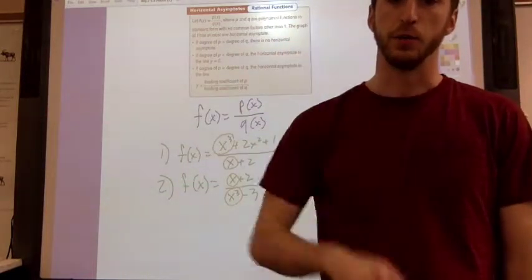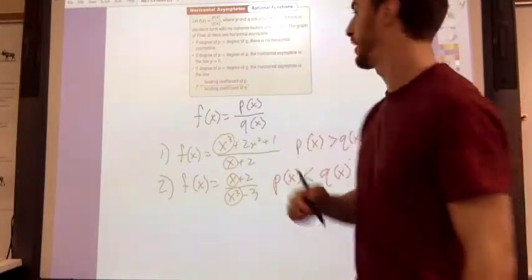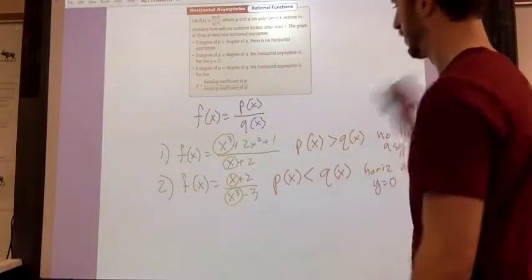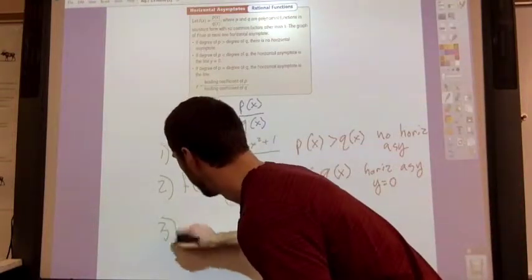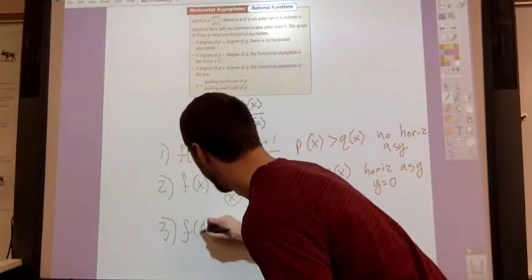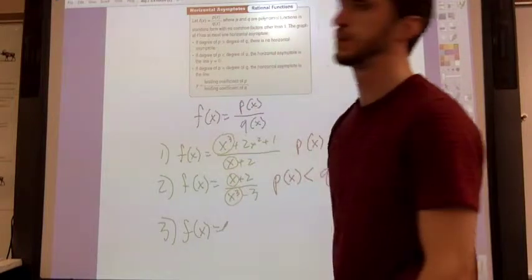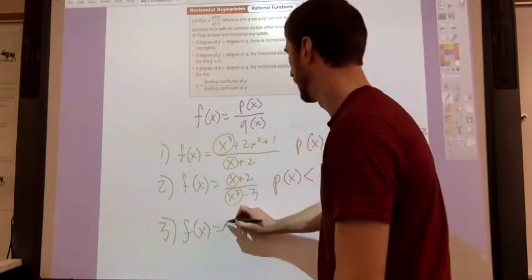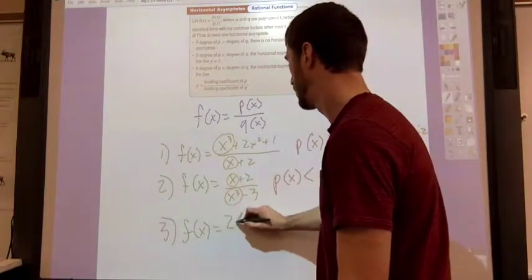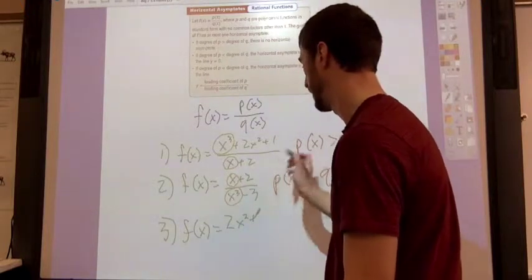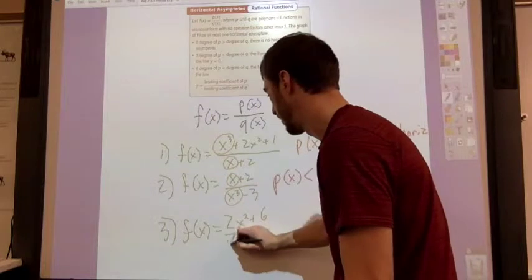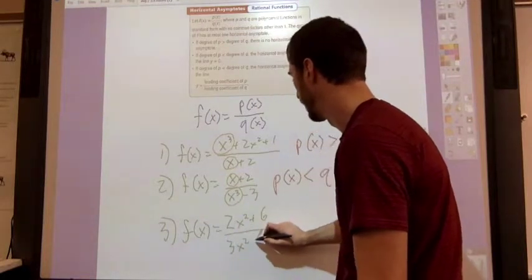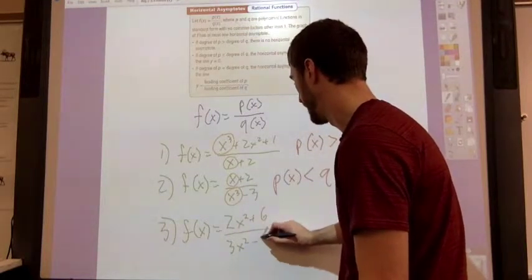Okay, third, when they're the same power. So let's say this is the third option. For example, you've got f of x equals 2x squared plus whatever, doesn't matter, plus 6 over 3x squared minus 2.